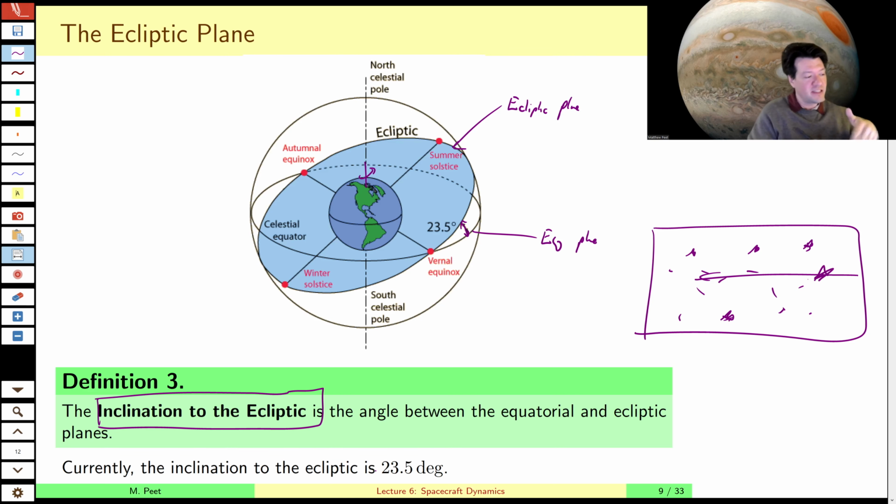This is actually not a modern coordinate system, but it does change over time. It's currently, however, for back of the envelope calculations, 23.5 degrees. So that's the inclination to the ecliptic. Very important number. We use it quite often when determining vectors.